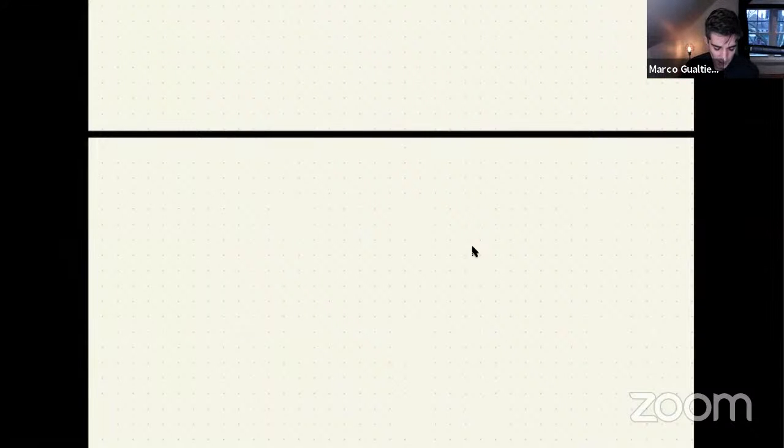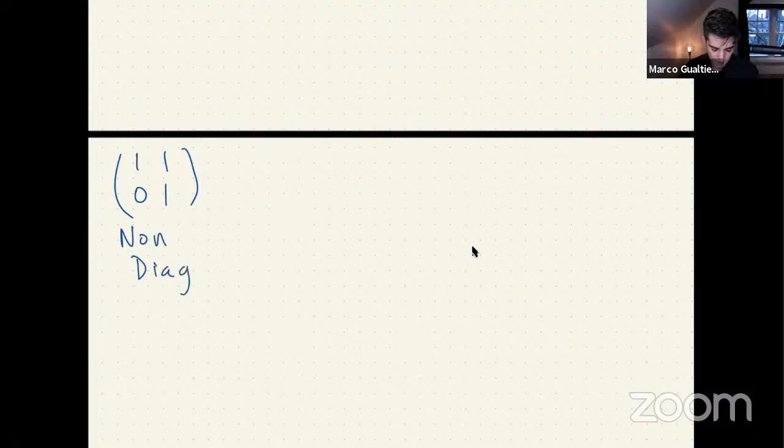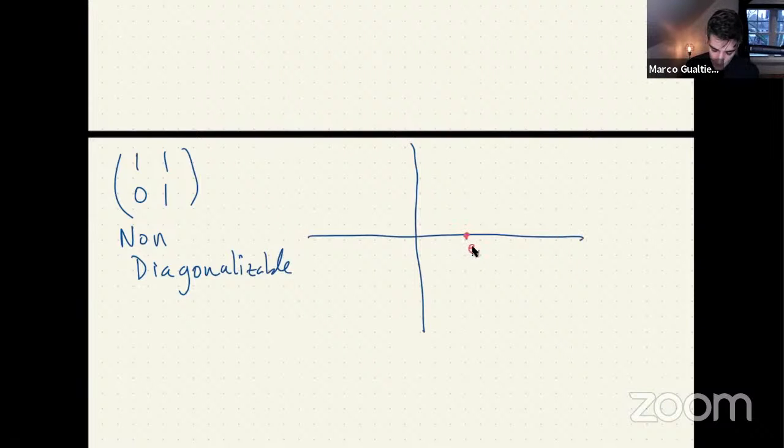For example, if I take the matrix 1, 1, 0, 1, this is a quintessential non-diagonalizable matrix, and it doesn't have anything to do with the field. Just look at what it does. We have E1 and E2, the two basis vectors in R2.